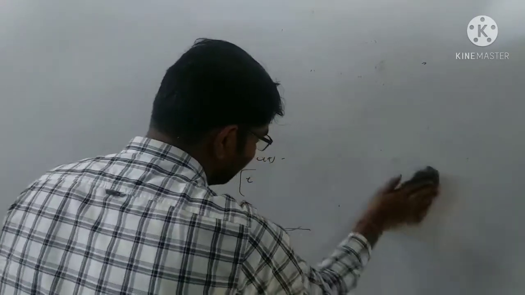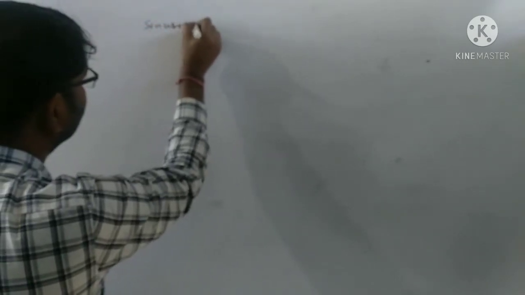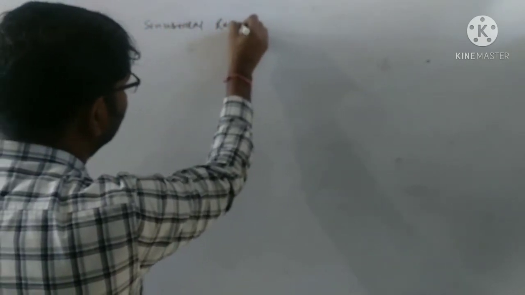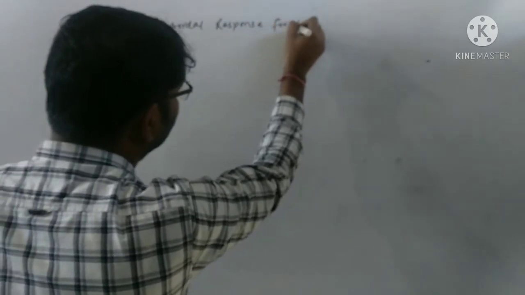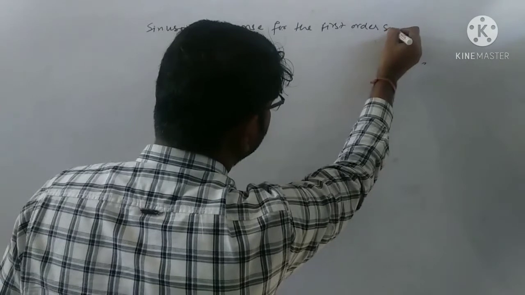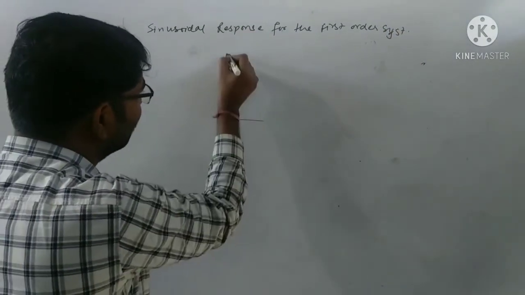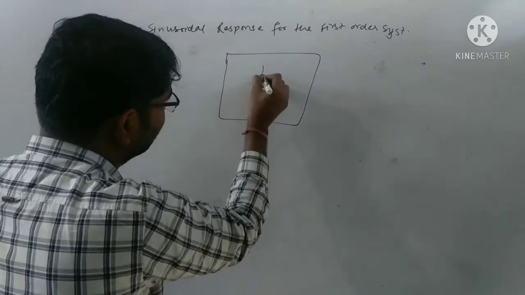Now the last but not the least, ये आपका एग्जाम में काफी बार पूछा जाता है, that is the sinusoidal response for the first order system. Now for the first order system, I am going to draw a block diagram.